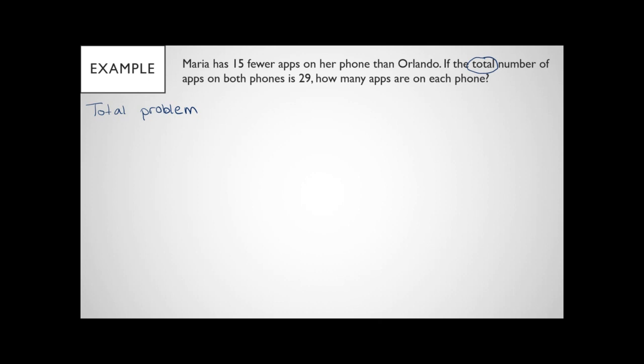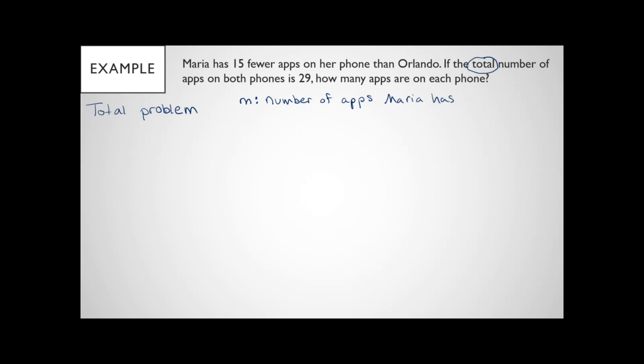We're looking at the number of apps, how many apps are in each phone. So we have the number of apps that Maria has and the number of apps that Orlando has. So for Maria, I can use M. I'm just going to pick a variable. So that is going to be the number of apps Maria has.